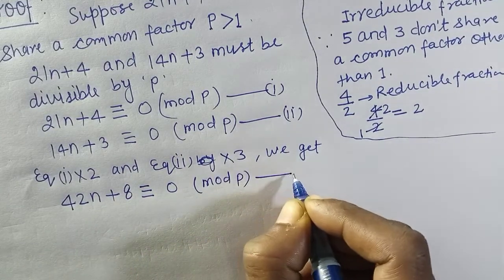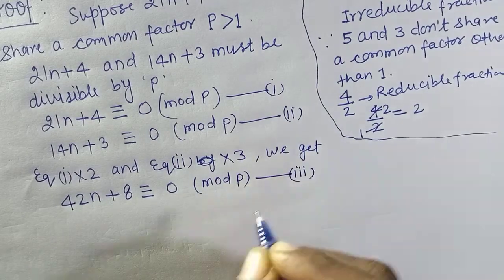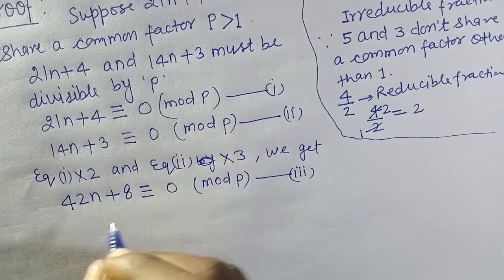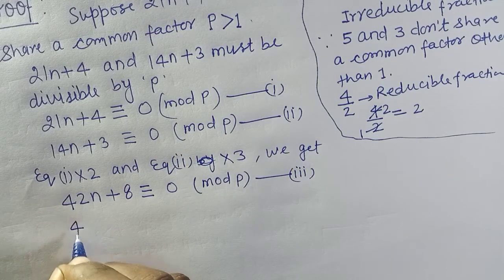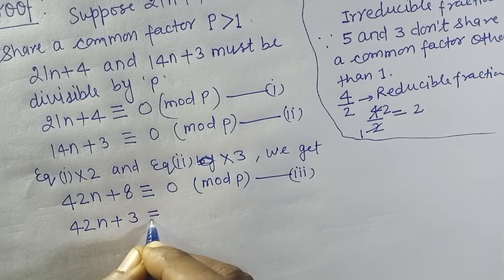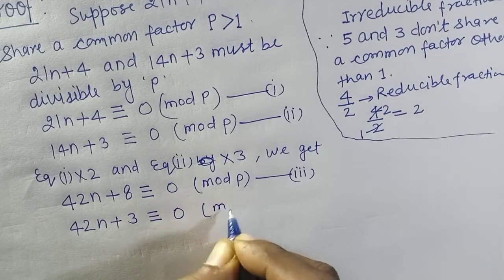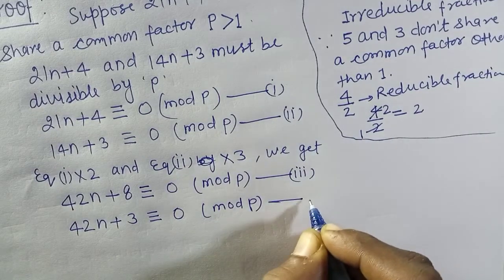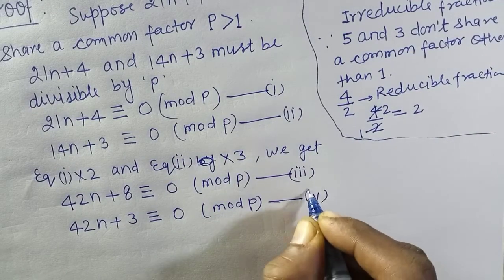Let's call it equation 3. And by multiplying equation 2 by 3, we get 42n + 9 is congruent to 0 mod p. Let's call it equation 4.